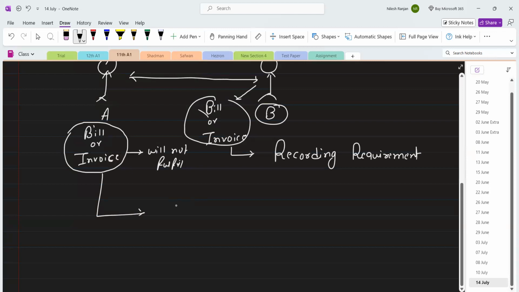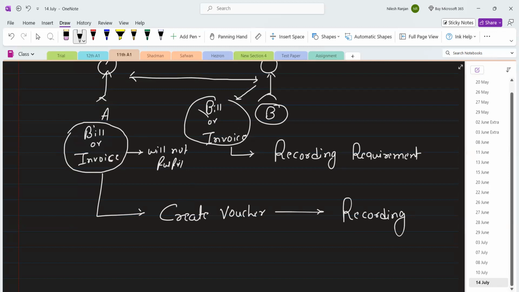Yes, sir. So on the basis of this bill we create a voucher, and this voucher is used for recording purposes. But when we generate our own bill or invoice, we can directly use it for recording.